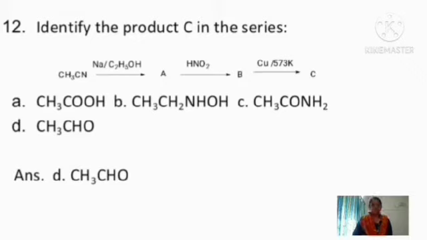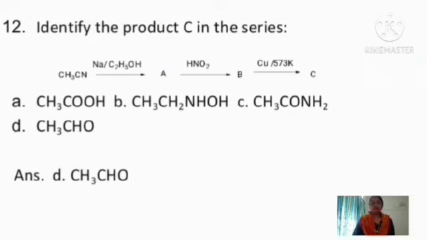CH3CHO. So first, the compound is CH3CN, that is acetonitrile, or a cyanide, and when cyanide undergoes reduction, that is sodium in the presence of ethanol, it is actually a reduction. It is termed as Mendius reduction and it results in the formation of a primary amine, that is CH3CH2NH2. Then after that it is treated with nitrous acid.